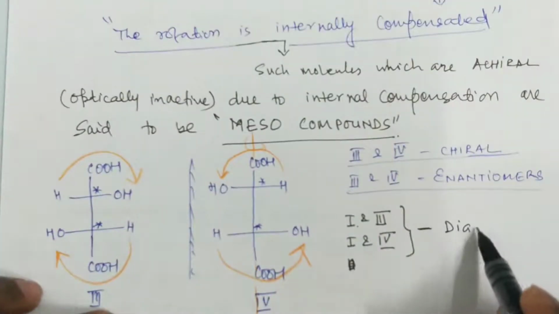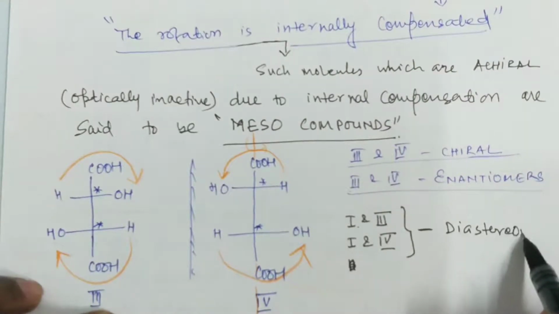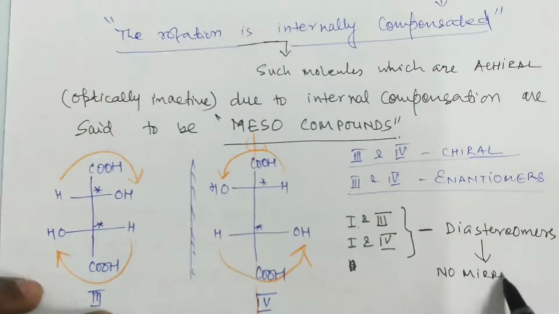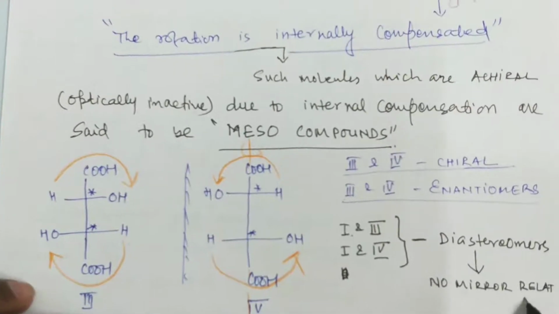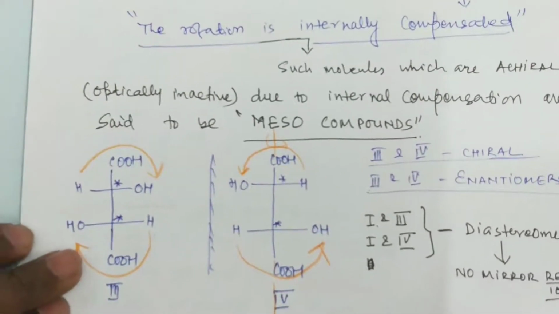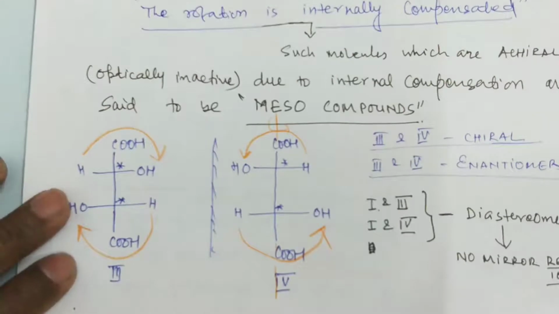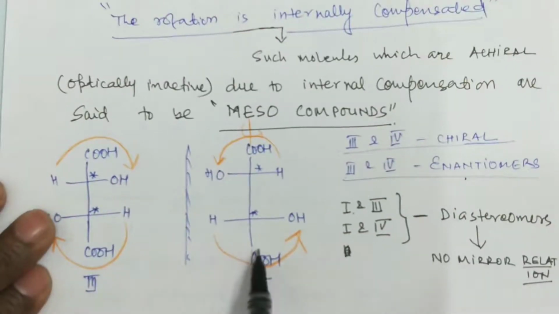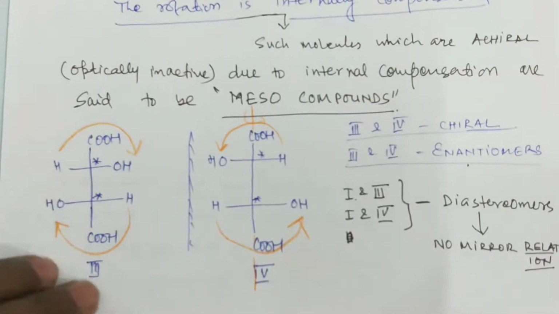Remember, diastereomers. What are diastereomers? No mirror relation. And what is the relation between 3 and 4? They are enantiomers because they are mirror images and their mirror image is non-superposable.